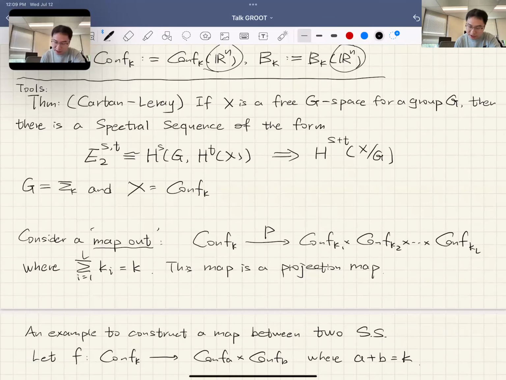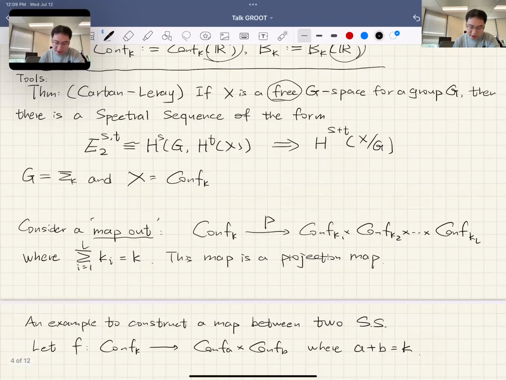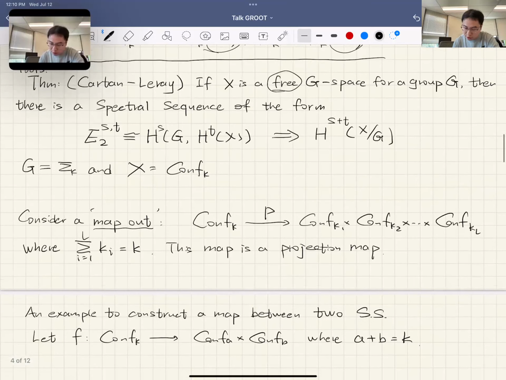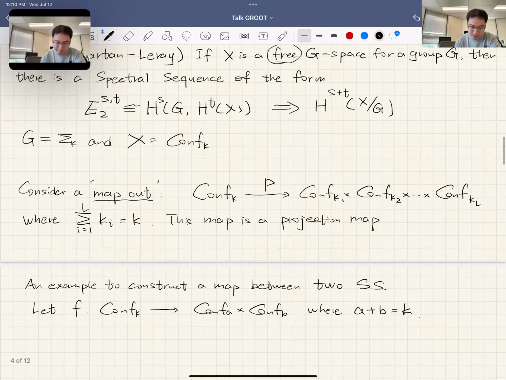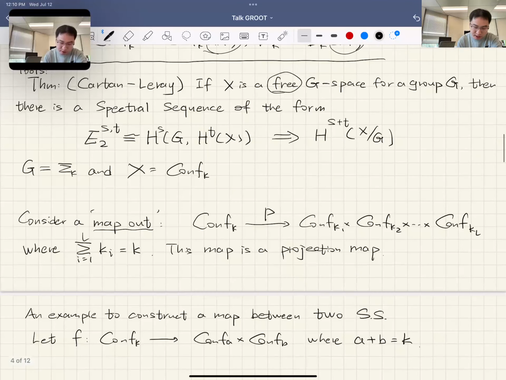If X is a free G-space for a group G, then there is a spectral sequence where the E_2 page is isomorphic to H^s of G with coefficients in H^t of X, and this converges to the cohomology of X mod G. For our purpose, we let G be Sigma_k and we let X be Conf_k. Okay, so the most important tool I'm going to use is the Cartan-Leray spectral sequence.